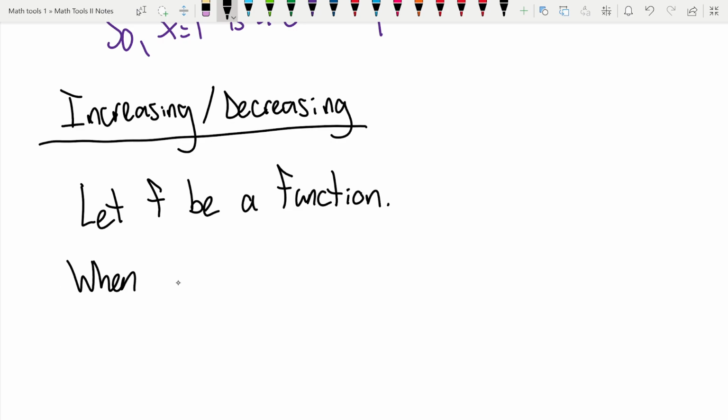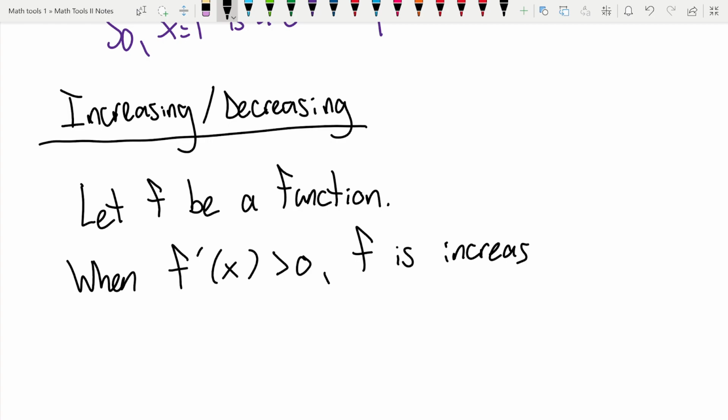Then when f prime of x is greater than 0, f is increasing. Okay. So in other words, if there's some interval a to b where f prime of x is greater than 0 on that entire interval, then f is increasing on that interval.